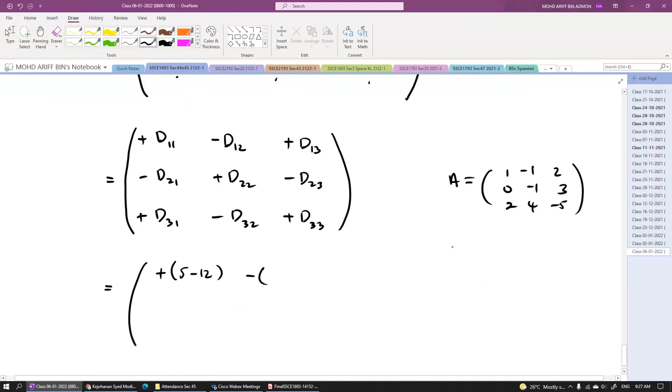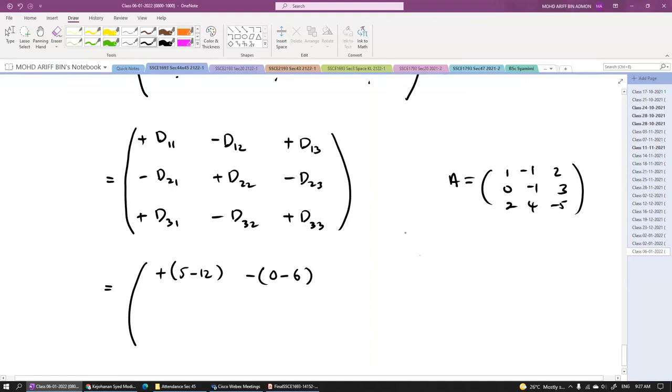What number minus what number? Eliminate first row, second column. 0 minus 6. Because you eliminate this and this. Am I right? 0 minus 6.